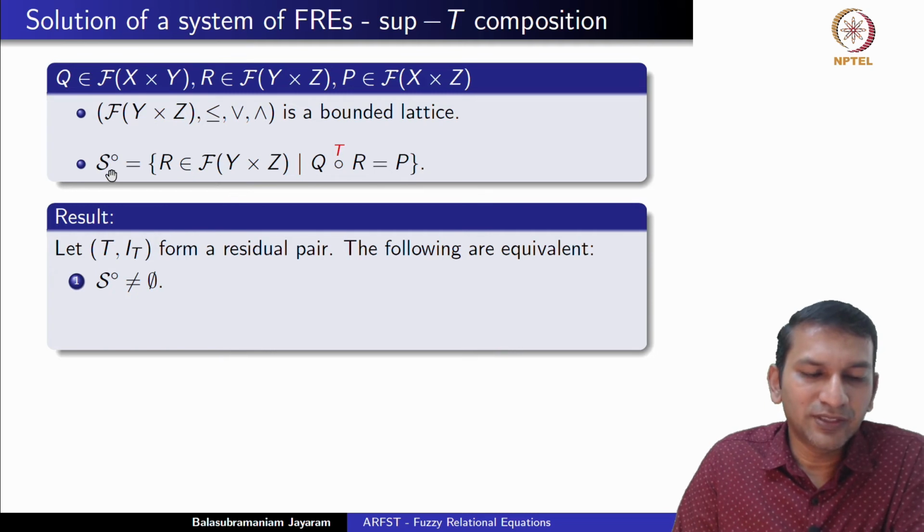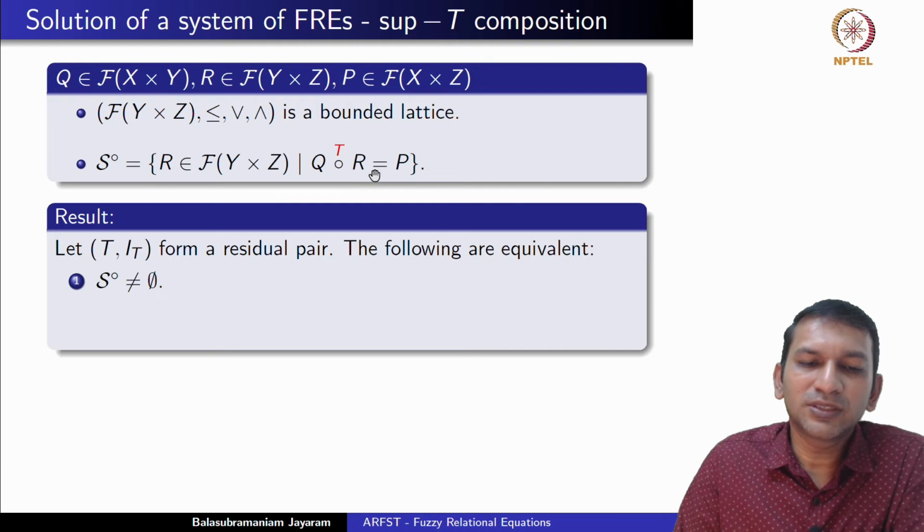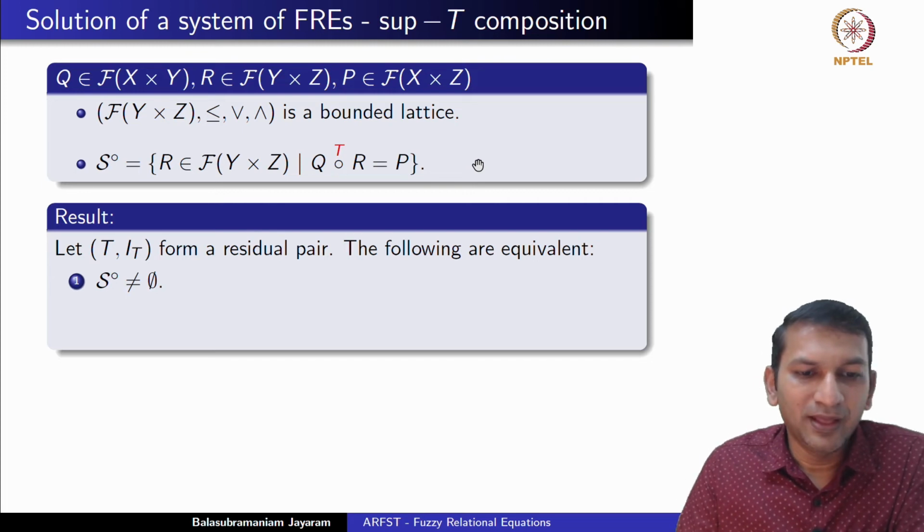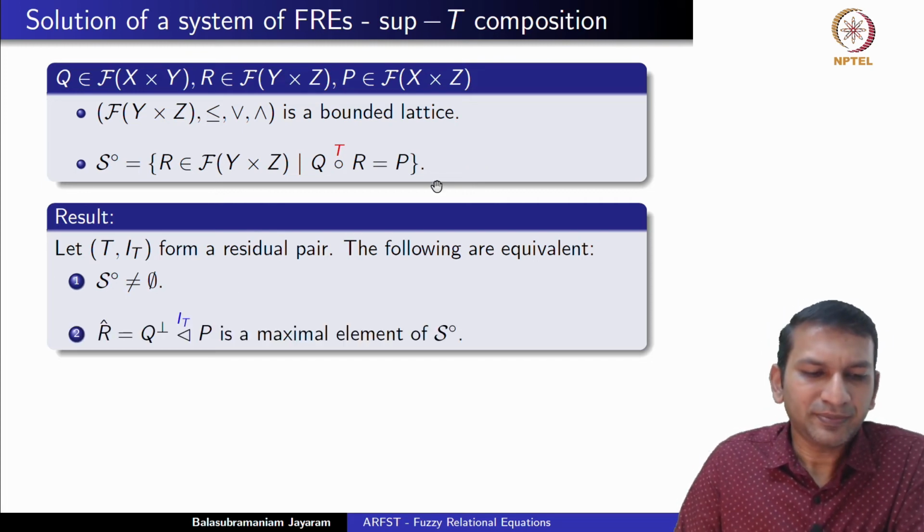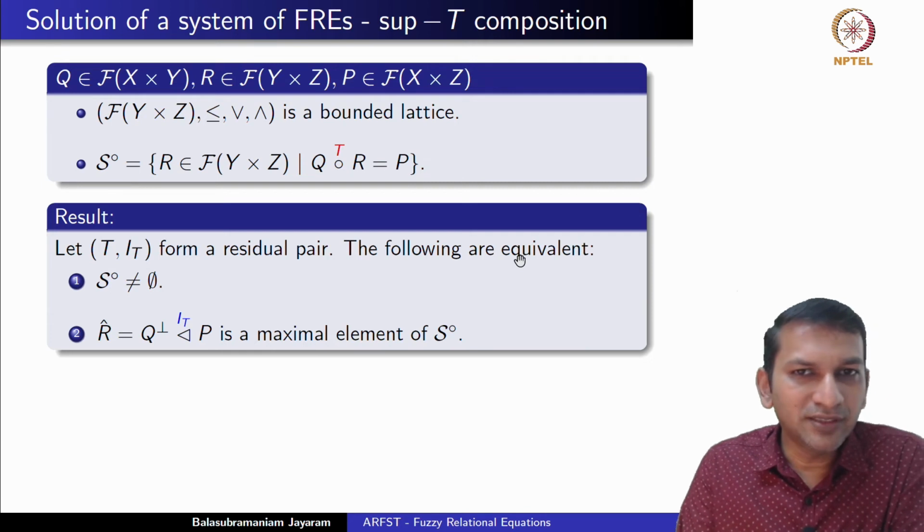This space, which is essentially the solution space, means given Q and P, all those fuzzy relations R on Y cross Z which satisfy this equation, is non-empty if and only if this particular relation R cap, which is given as Q inverse IT composed with P, is a maximal element of this set. So it's a very interesting result.